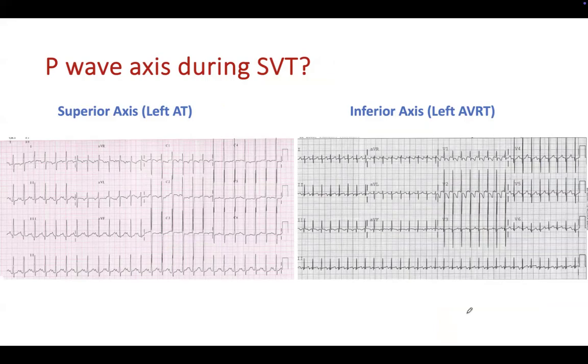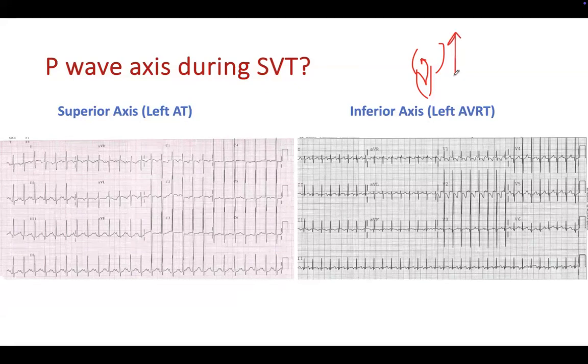It's very helpful because when you have an accessory pathway, like we said, you're going down the AV node and then up a pathway. So you're going up, and usually the axis of the P wave would be superior.